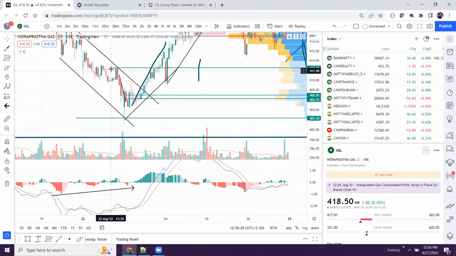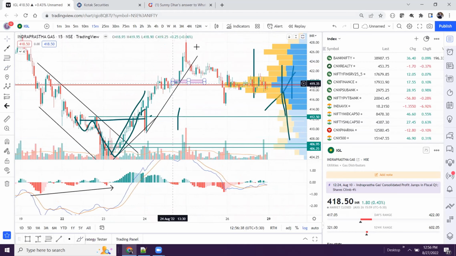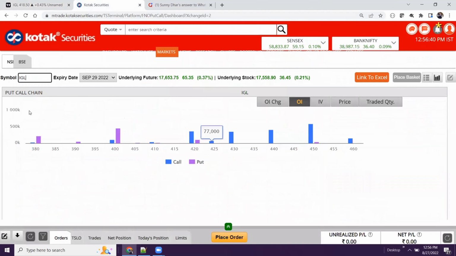Anytime it gave me a pattern to trade, I entered, and I know this part is the point to exit. I'm not expecting a big trade in this, because these are resistance. We have to see where is the resistance and where is the support. So this much is free.